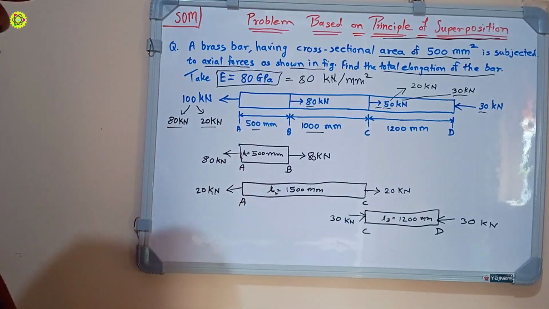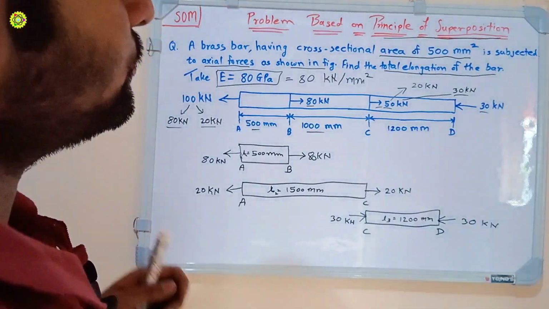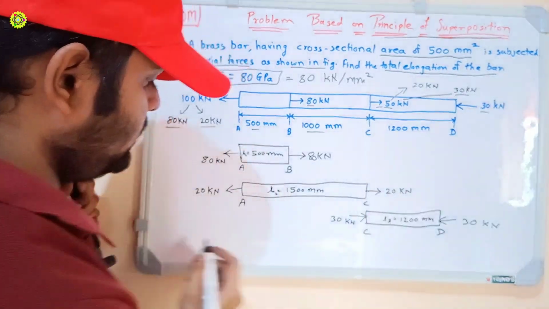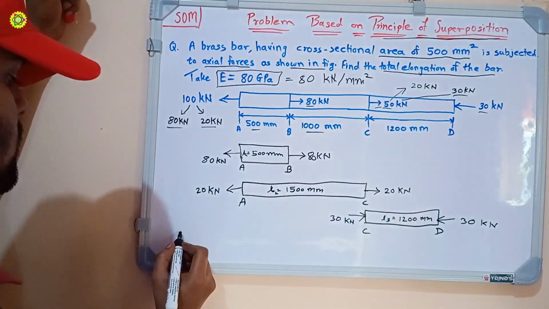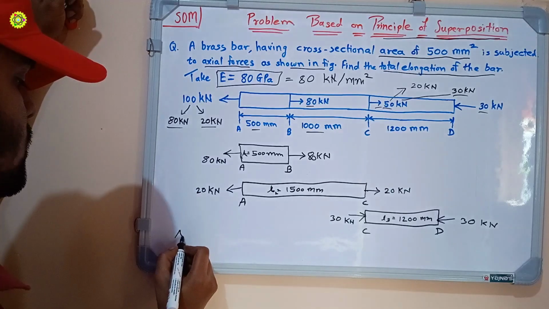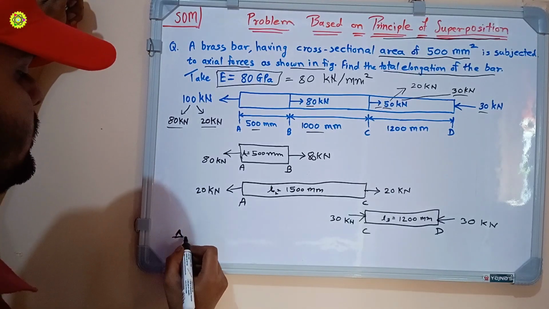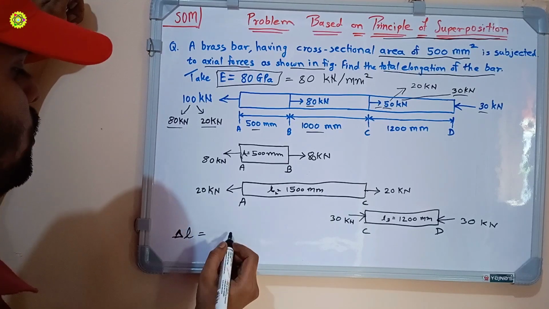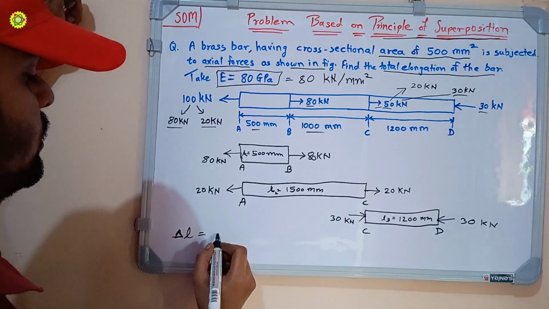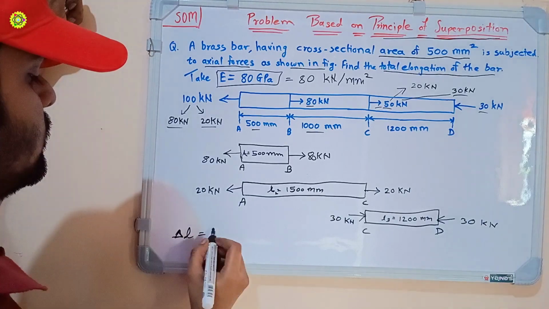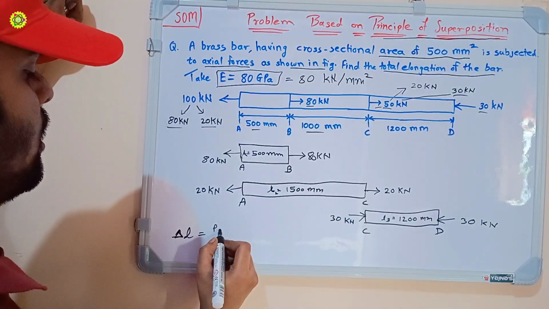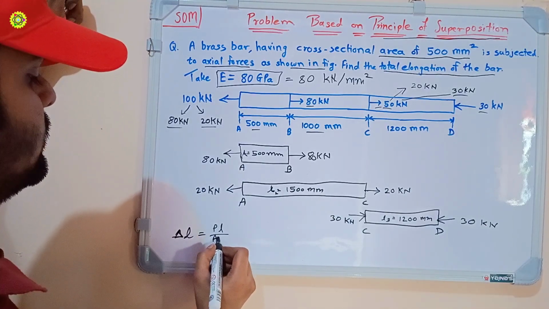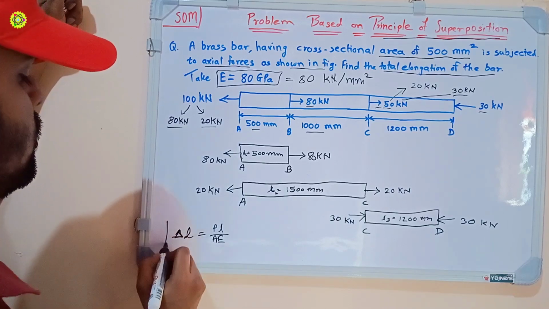From that, we will take each section to calculate the total elongation. Let delta L, the change in length, be equal to, as we know, the common formula PL upon AE. This is our general equation.